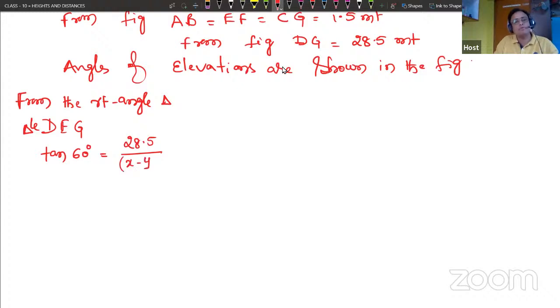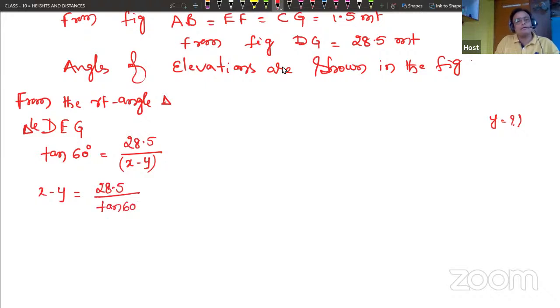Cross multiply it now. Every time the target is y. So x minus y is equal to 28.5 upon tan 60. Listen carefully.